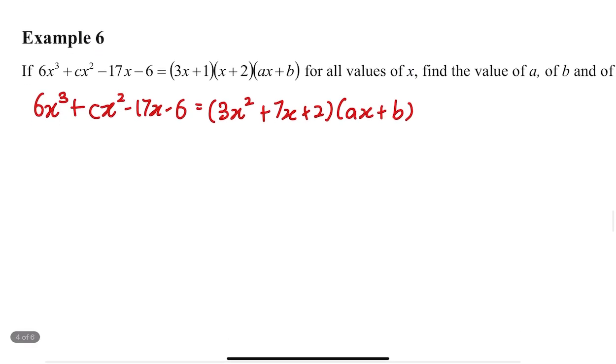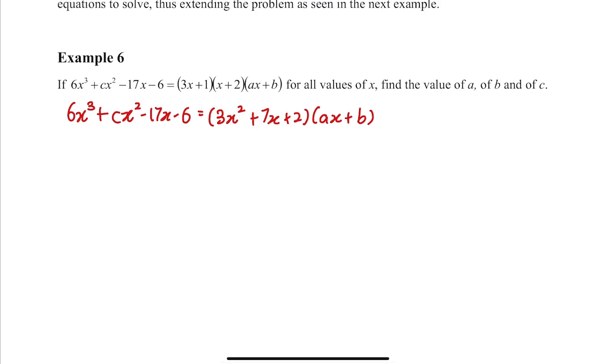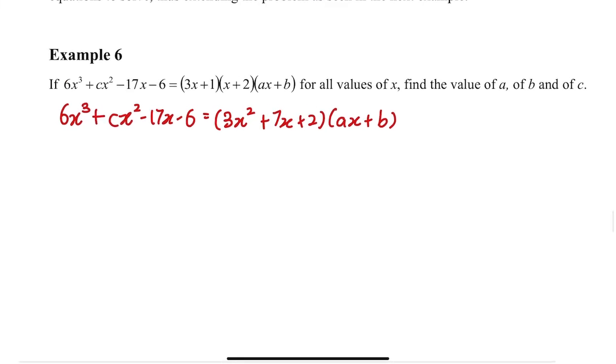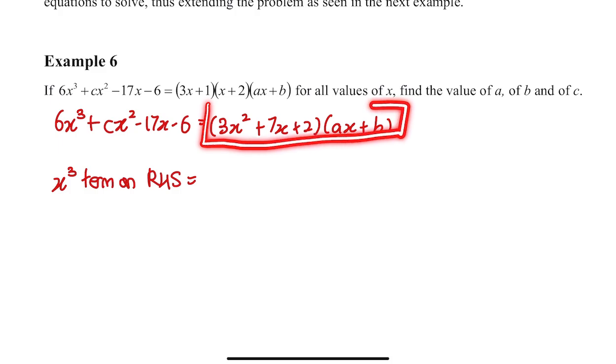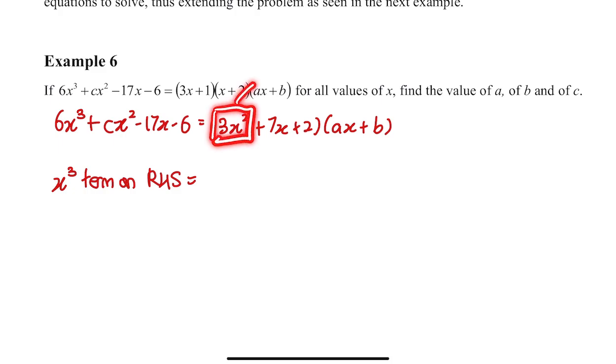Therefore, over here, find the value of a, b, c. If we want to compare, we can start by simply comparing coefficients. Let's say the x cubed term on the right hand side. I analyze the right hand side over here. What terms multiplied together will give me an x cubed term? You notice that 3x squared must multiply with ax in order to get an x cubed term.